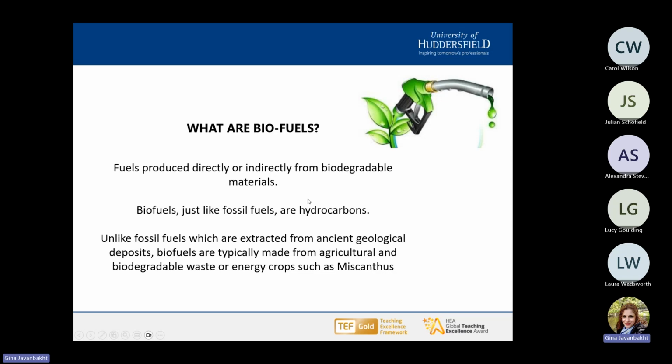So what's the difference? What's the benefit? Unlike fossil fuels, biofuels are formed mostly from waste: agricultural, commercial, kitchen waste. That's how we make biofuels. Also, the emissions from burning these biofuels are not going to be as dangerous as those from fossil fuels.